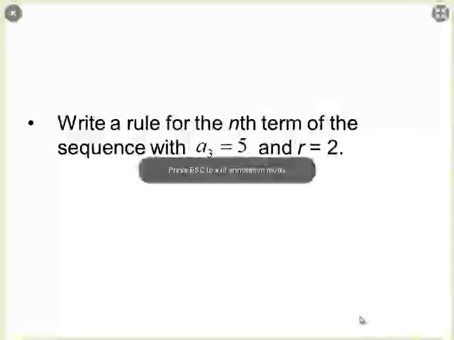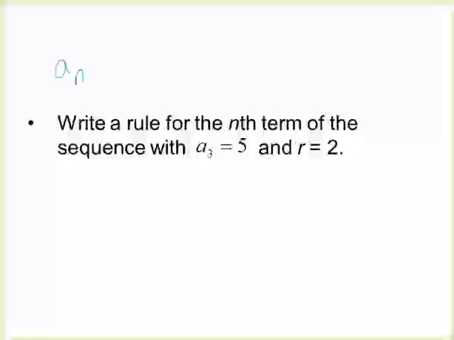This one asks us to just write a rule, so we don't have any terms to find afterwards in this one. But we are not given our first term. We are given a term, but we're not given our first term. So by being given a random term in the sequence, we are given an a sub n value and an n value. So we are going to plug in 5 for a sub n.